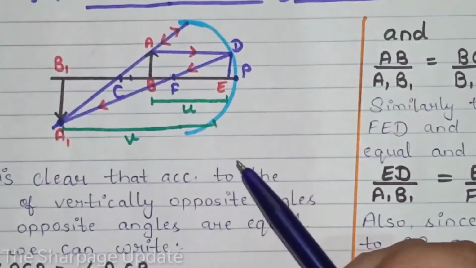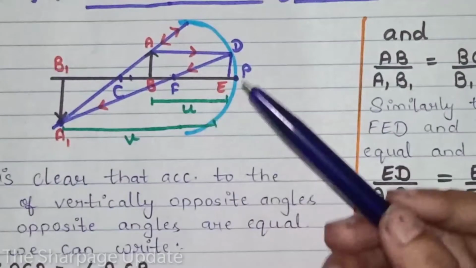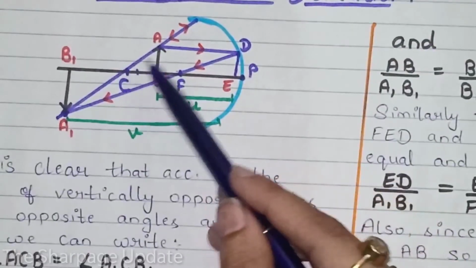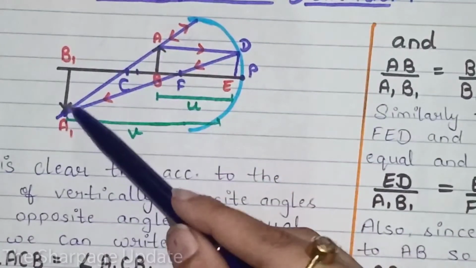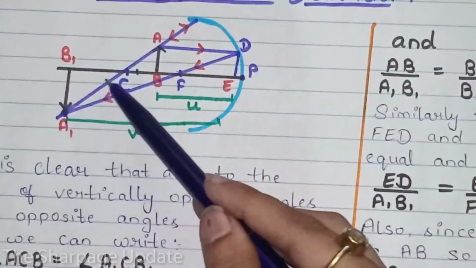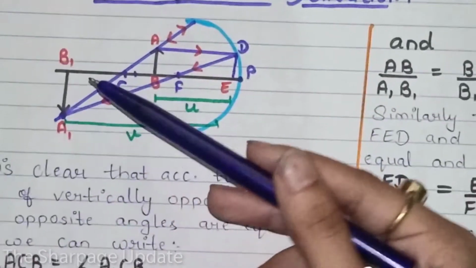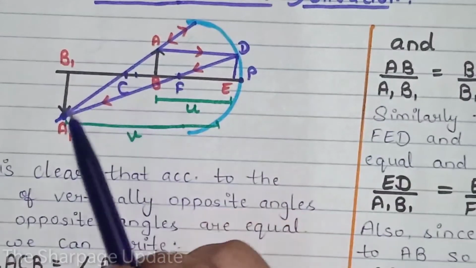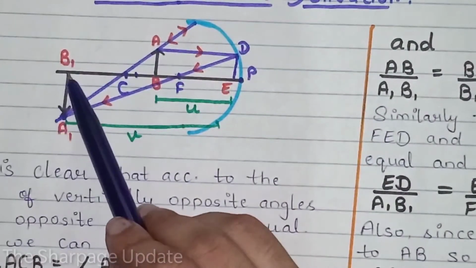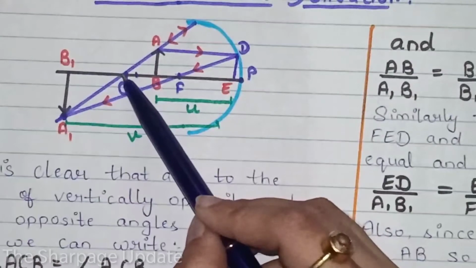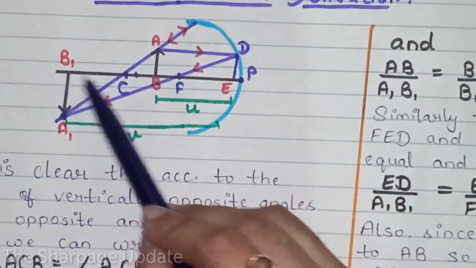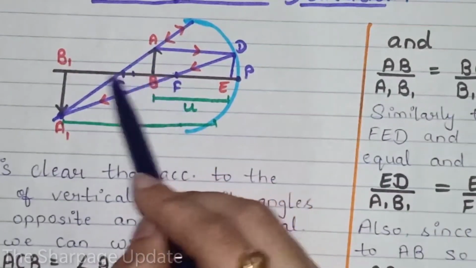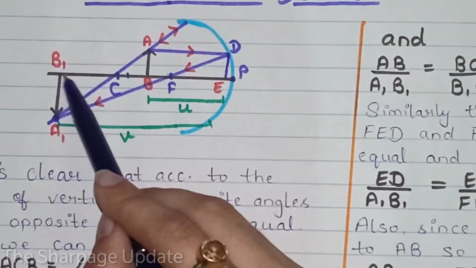Dear students, according to the law of vertically opposite angles, we can write angle ACB equal to angle A1CB1. Similarly, angle ABC is equal to angle A1B1C because they are right angles.